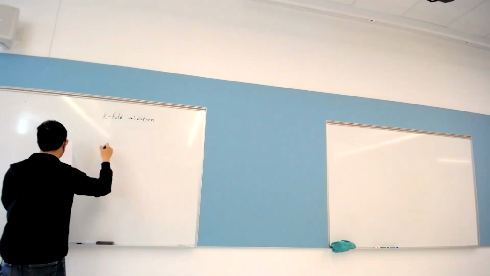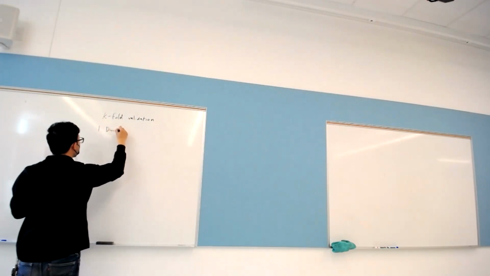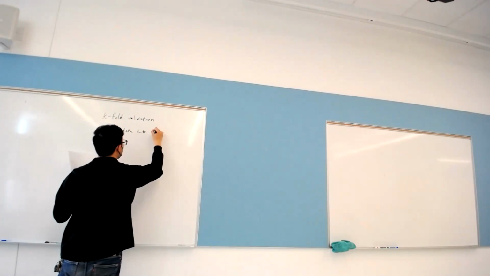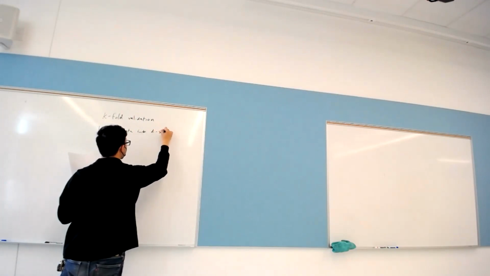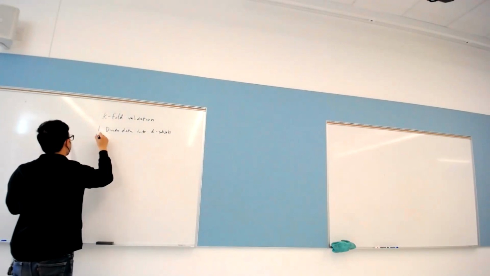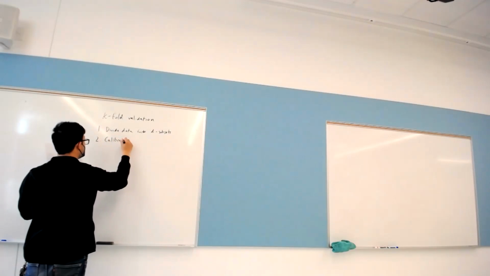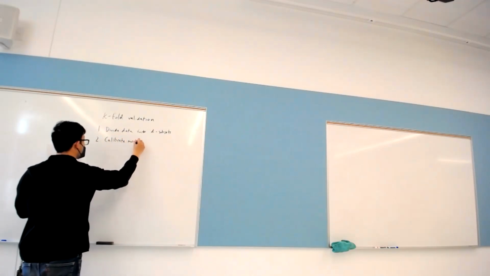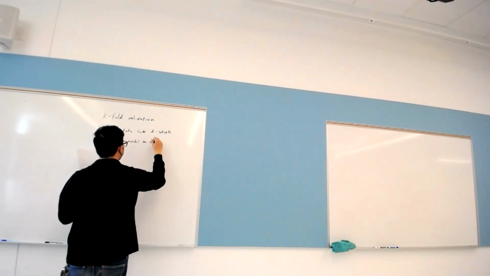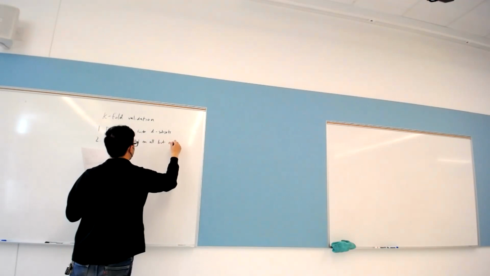The steps are: 1, divide data into k subsets. 2, calibrate model on all but one subset.